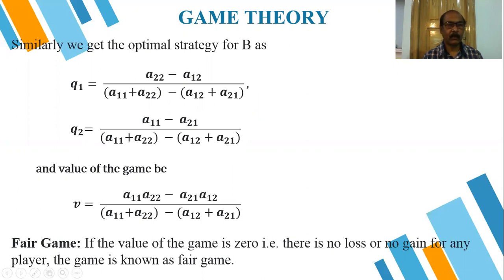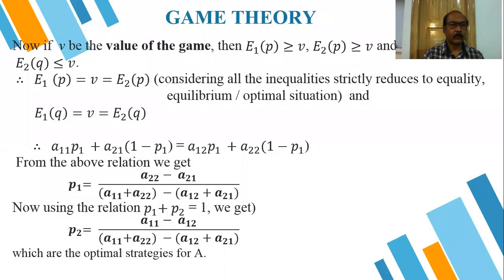If we put the values of P1, P2 or Q1, Q2 in any relation, we will get the expectation, which is equal to V. We can put it anywhere and we will get the value of V.